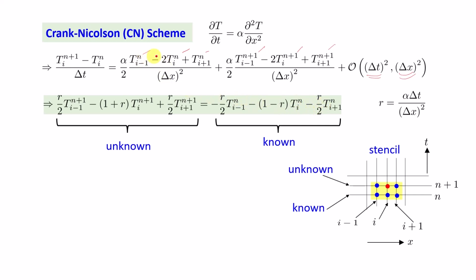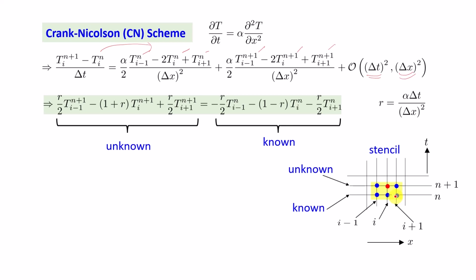These 3 terms as well as 1 term that will come from here will go on the other side. Together they will create 3 terms on the right hand side, unlike implicit where there was only 1 term on the right hand side. In the stencil, it looks like this. I have this point I am calculating, and it requires 1, 2, 3, 4, 5 other points.